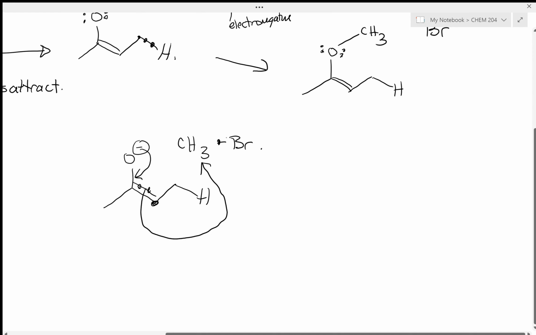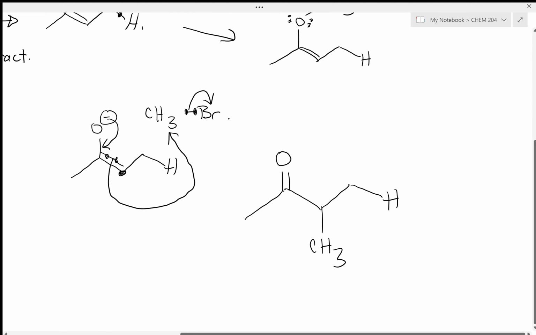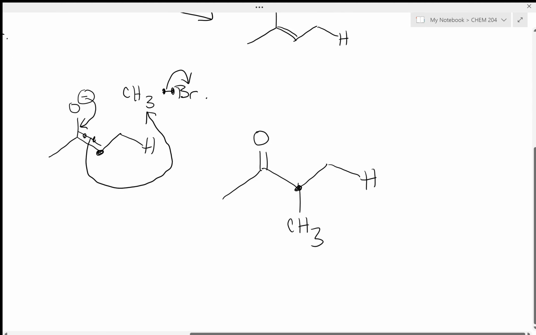And then the same thing happens, the bromine will still accept electrons. So then I will end up with a ketone, with an H, and a CH3 coming off of this carbon, and then I am going to be left with a Br minus.